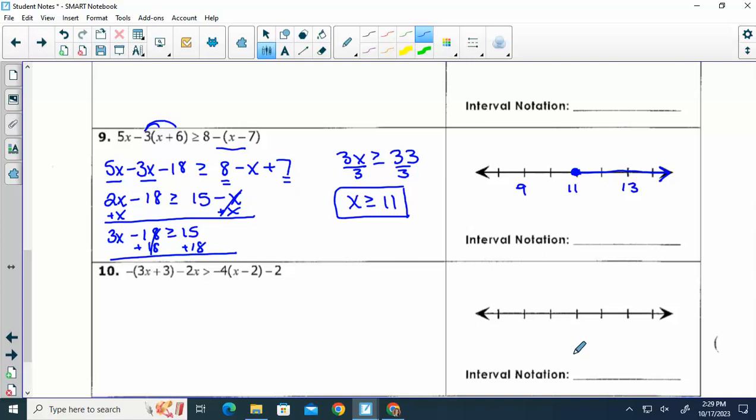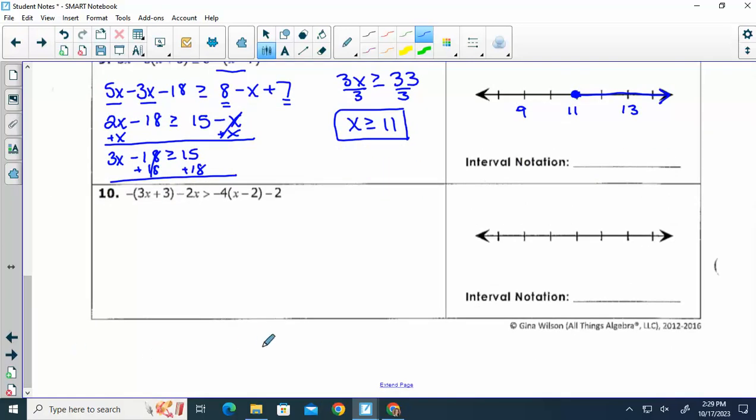You guys walk me through problem 10. Distribute negative 1, let's say negative 3x plus 3, minus 2x is 4x plus 8 minus 2. So we distributed a negative on the first parenthesis.